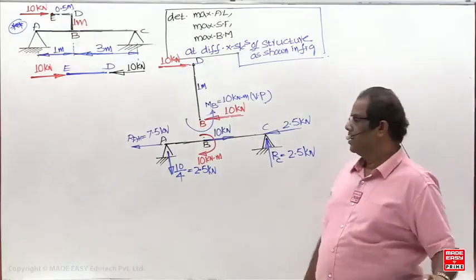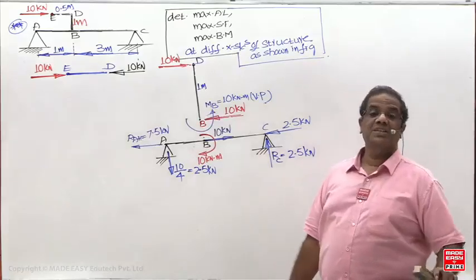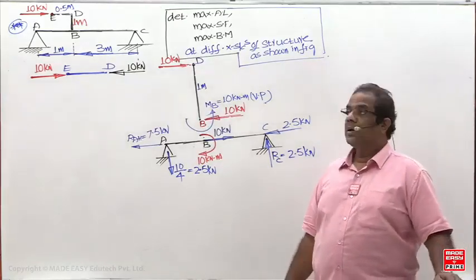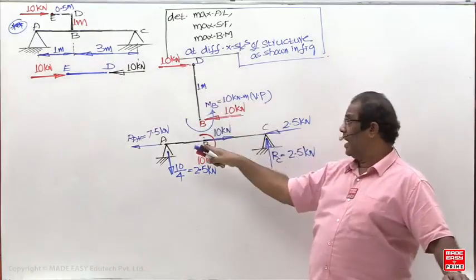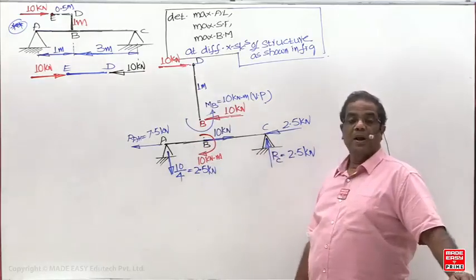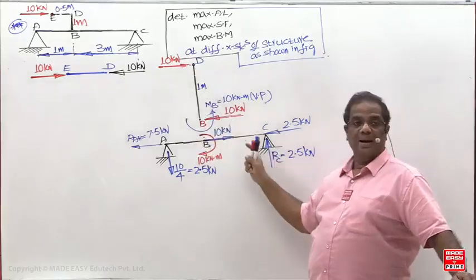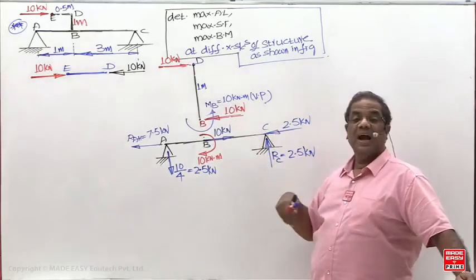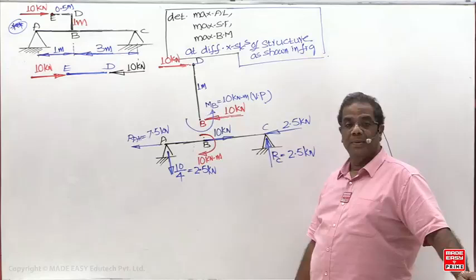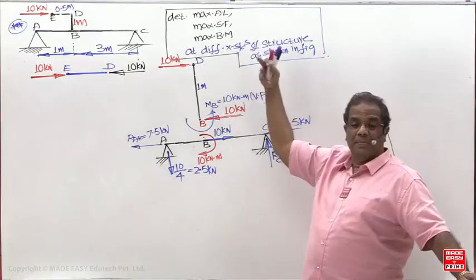Now, if we ask at B, B is the junction of how many members? B is the junction of BD, AB and BC. So B belongs to the BD member, AB member and BC member. Now if we ask at B, what are the axial load, shear force, bending moment and twist moment at B?